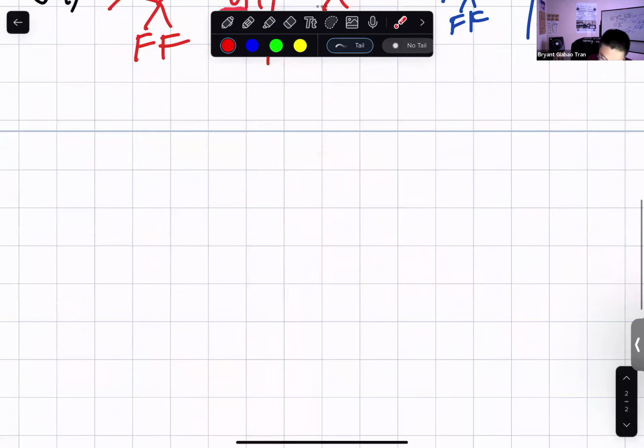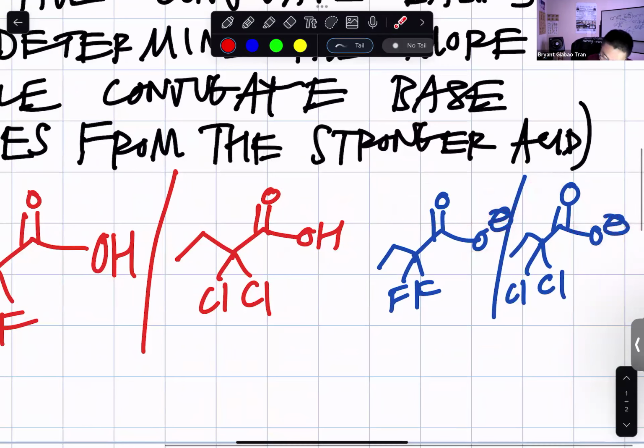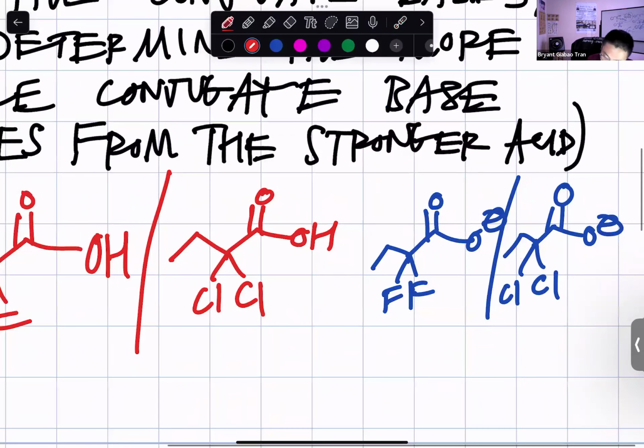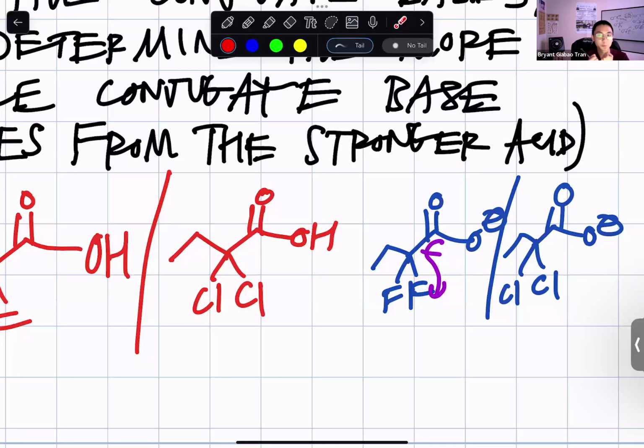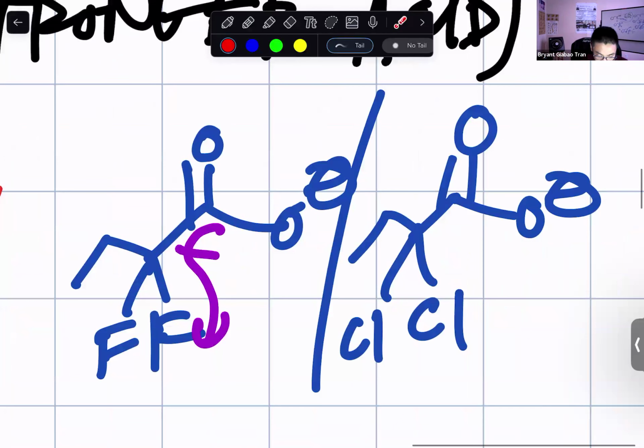Like Brooke said, it would be this molecule here because fluorine is more electronegative, having a stronger pull on this negative charge right here. So it gives it more room, more space for the electrons to breathe. So it's more stable. Whereas chlorine is less electronegative, it has a weaker pull.